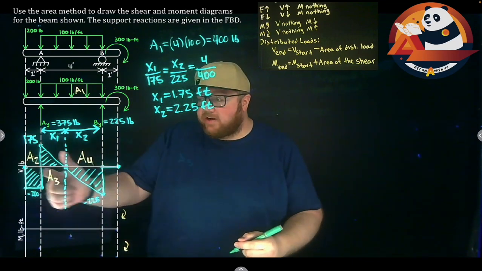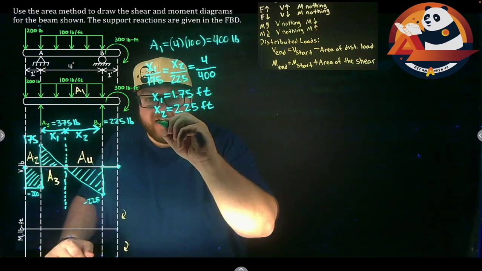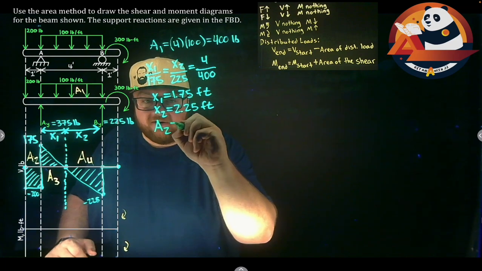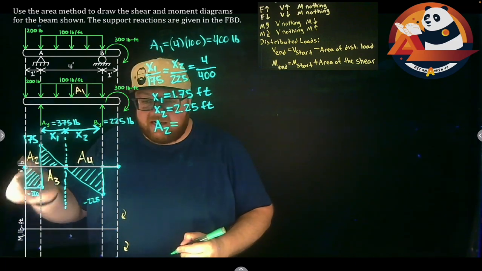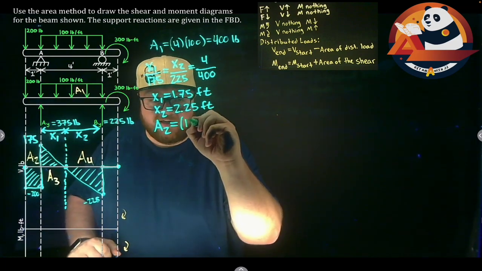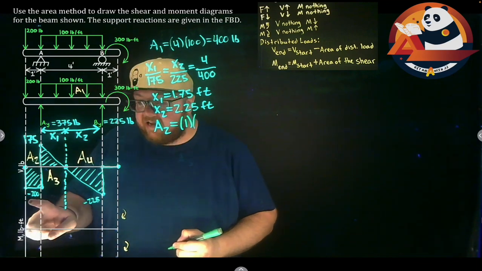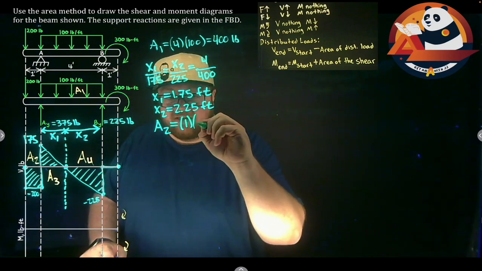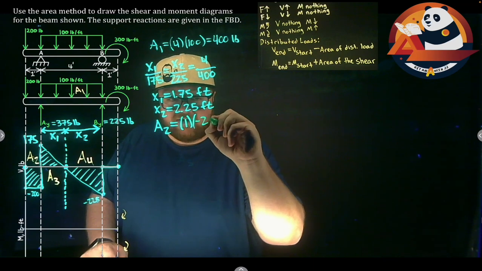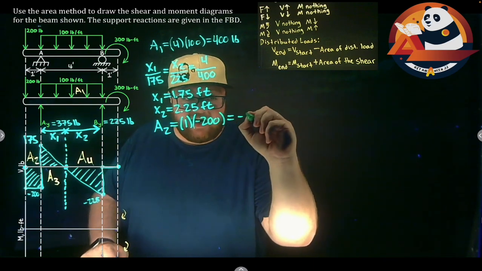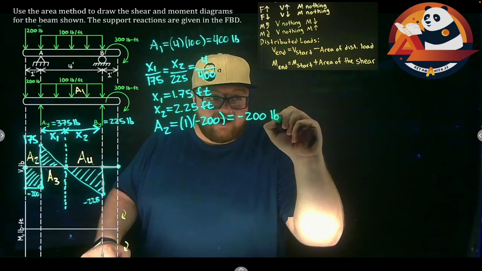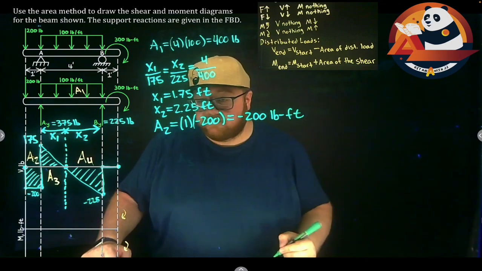Let's go ahead and find all 3 of our areas, the last 3 I need. Area 2, our rectangle, should be base times height. The base of this is 1 foot. Our height is negative 200. So this is area 2, negative 200 is equal to negative 200 pound-feet.